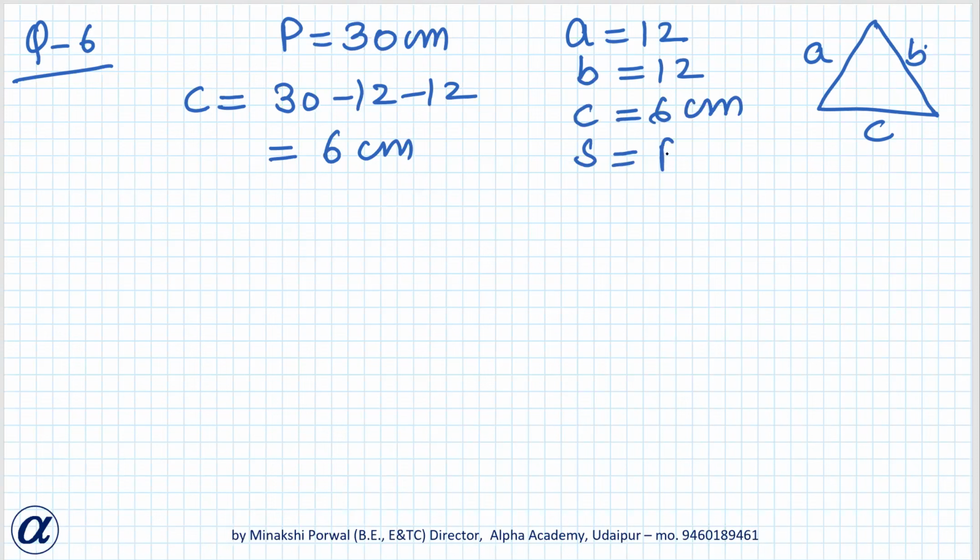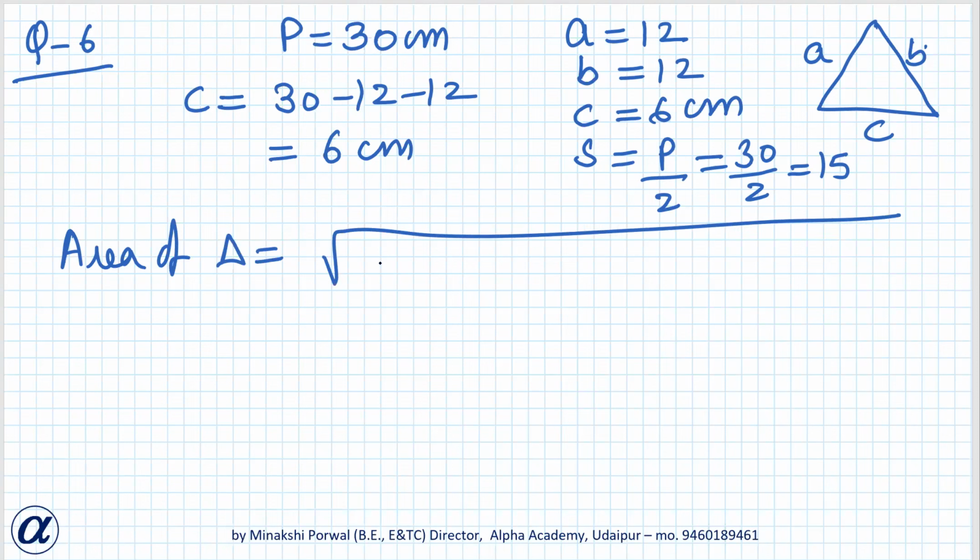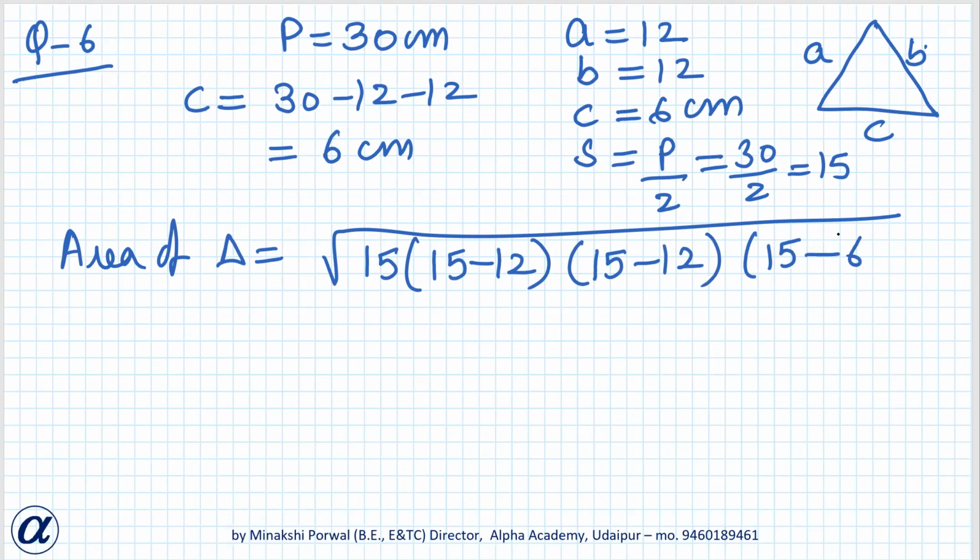Semi-perimeter will be perimeter by 2, that is 30 by 2, that is 15. Now putting the formula of area of triangle. Area of triangle equals under root of S, 15, S minus A, 15 minus 12, S minus B, 15 minus 12, S minus C, 15 minus 6.